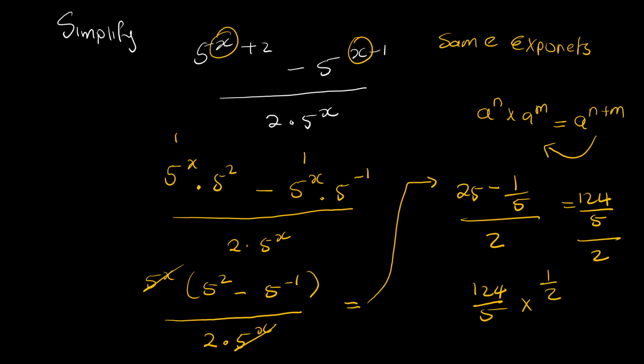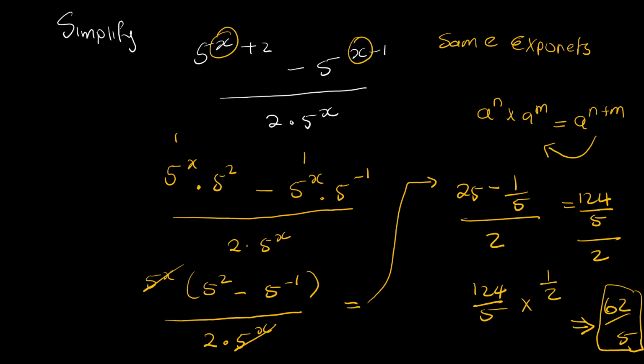You just punch this on the calculator to find your final answer as 62 over 5. Why is it 62? Because 124 divided by 2 gives us 62. Then we have this as 62 over 5. And that's it. When you have it like this, that will be your final answer.